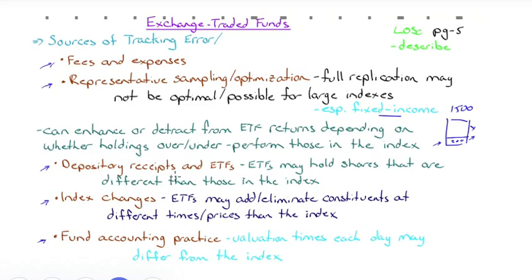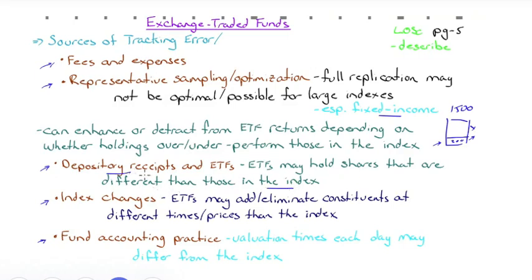Depository receipts and ETFs. This means that an ETF, rather than holding the underlying itself, may find that it's better to hold a depository receipt or to hold other ETFs instead of holding the underlying shares in those ETFs. So ETFs may hold shares that are different than those in the index.